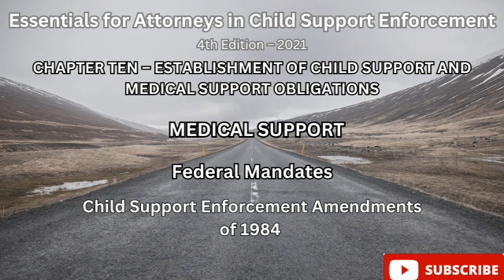For example, the Arizona guidelines provide that a party seeking a sum greater than the presumptive amount bears the burden of proving that the higher amount is in the best interest of the children, taking into account such factors as the standard of living the children would have enjoyed if the parents and children were living together, the needs of the children in excess of the presumptive amount, consideration of any significant disparity in the respective percentages of gross income for each party, and any other factors which, on a case-by-case basis, demonstrate that the increased amount is appropriate.